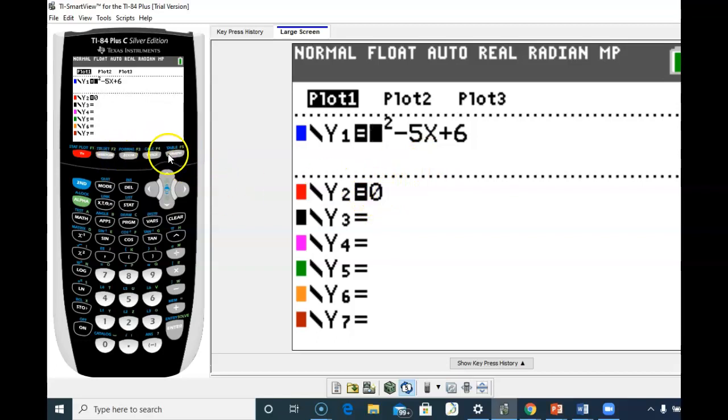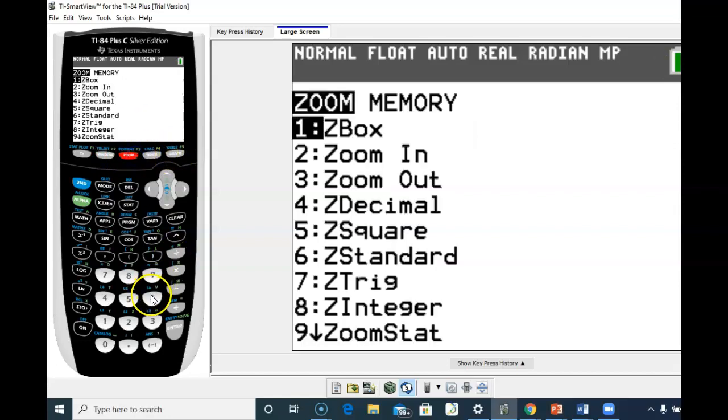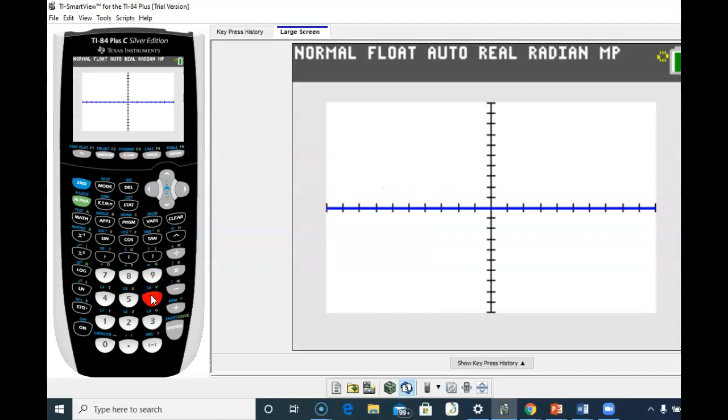And if I do my zoom 6, okay, this is the point I'm interested in here because I want to know where the parabola is less than or equal to 0. So 0 is the red line and the parabola is the blue line. So it's this little part in here.